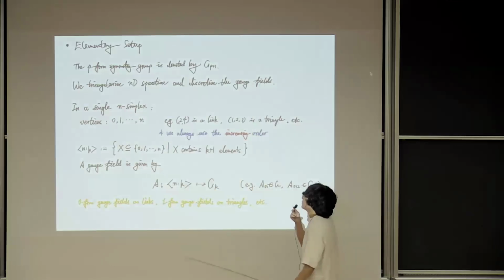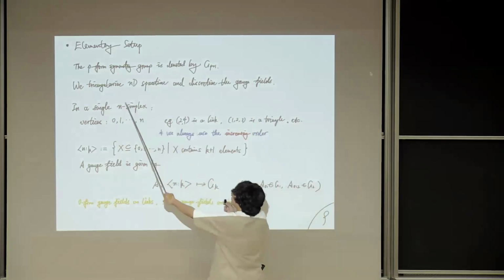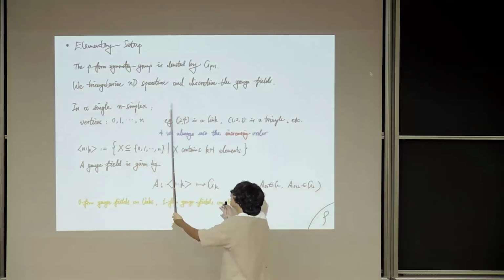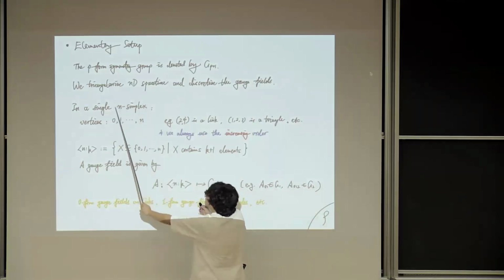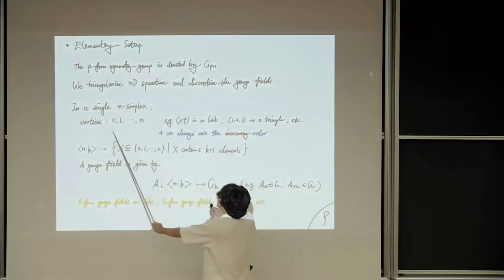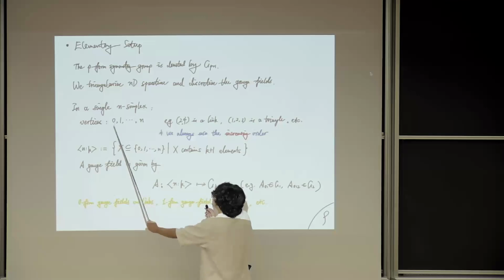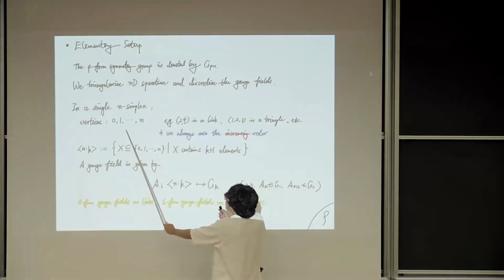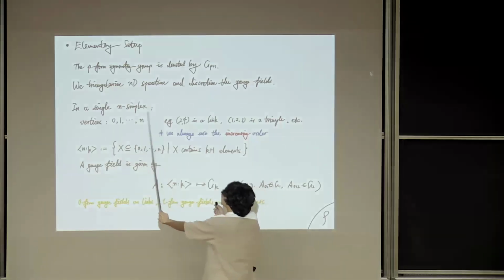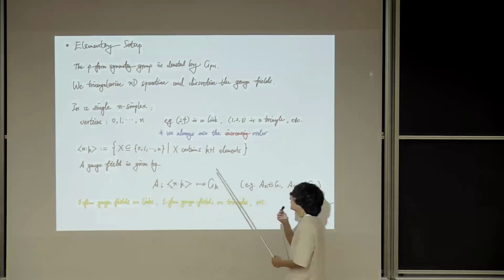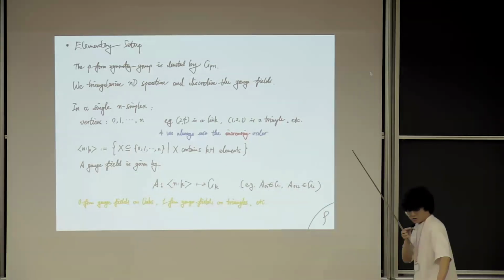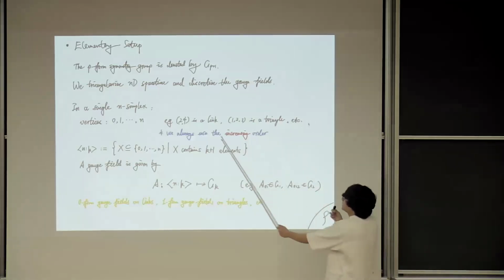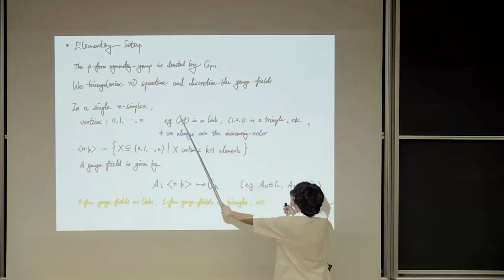Okay, so if the space-time dimension is n, then in a triangulation, the most elementary cell is an n-simplex. An n-simplex is spanned by n+1 vertices. So I will use 0, 1, ..., n to denote those vertices. And then all the other higher dimensional objects inside this simplex can be expressed by some combination of the vertices.